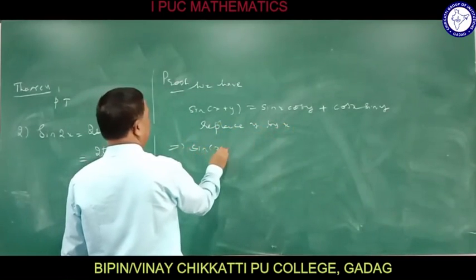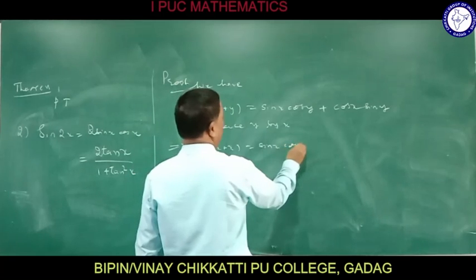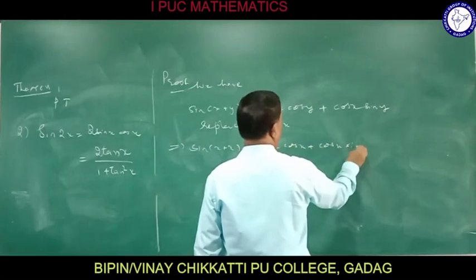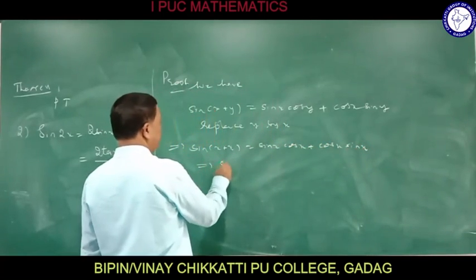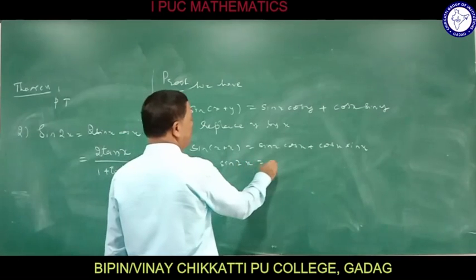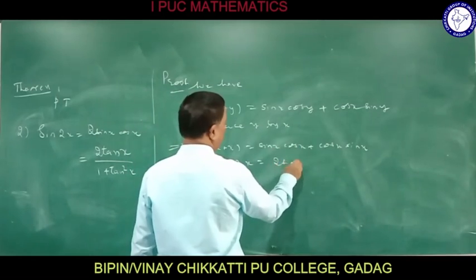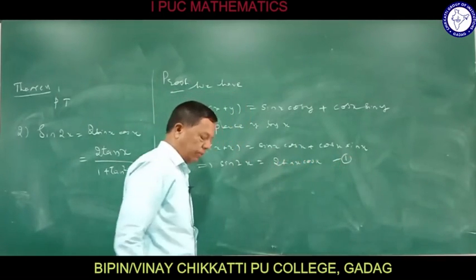Sine of x plus x is sin x cos x plus cos x sin x. So sine of 2x is equal to 2 sin x cos x. So this is number 1, correct.